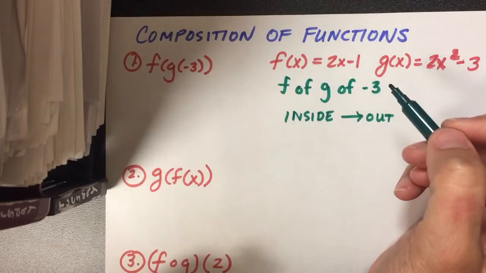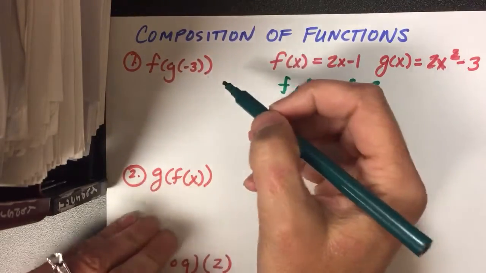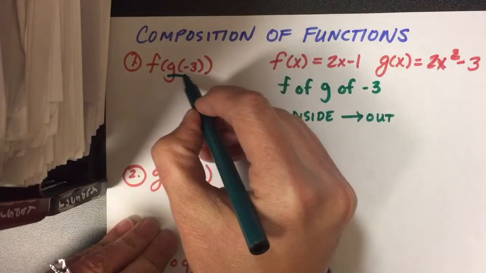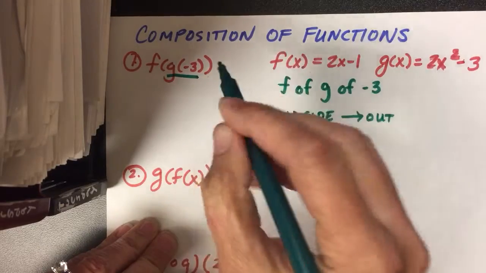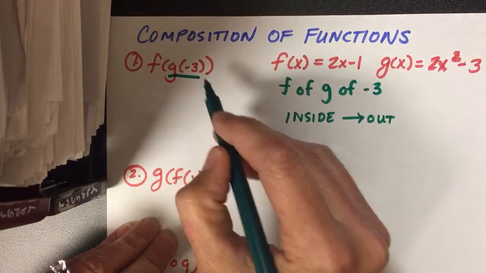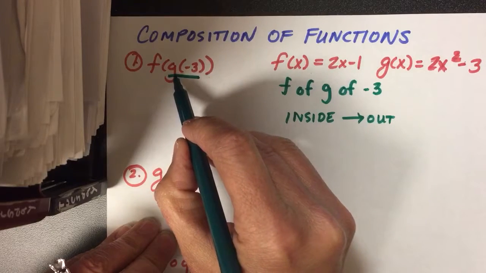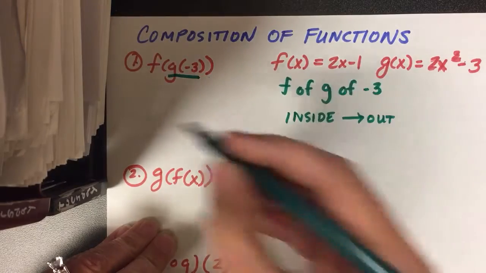So the first example that we have is f of g of negative 3. Working inside out, that means g of negative 3 is going to be my first operation. Negative 3 is my first input, and I'm going to input that into the function g of x. So that's this function here.